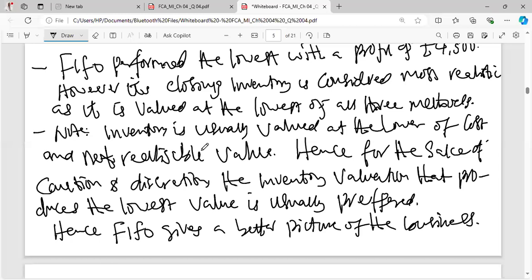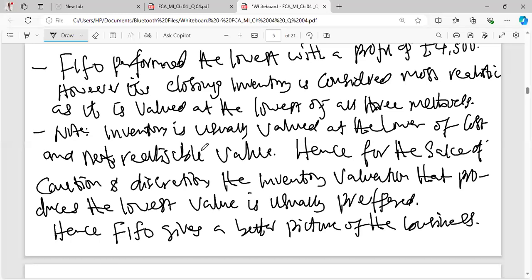Inventory is valued at the lower of cost and net realizable value. So the lower the value, the better picture your inventory portrays. In this case, FIFO gave a better picture. In some cases, WAM will give a better picture, but never LIFO.